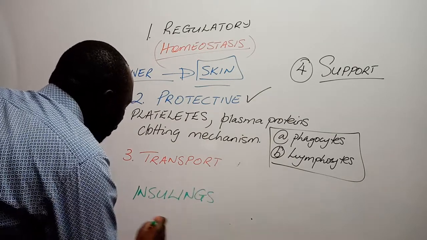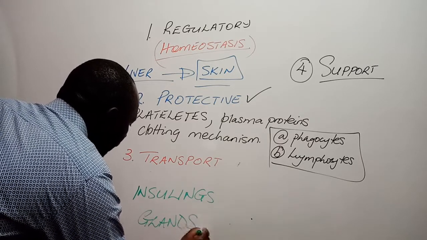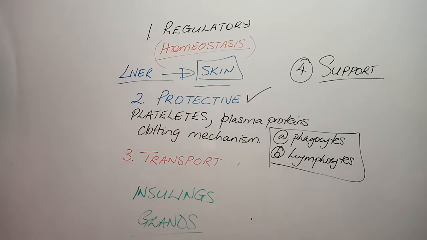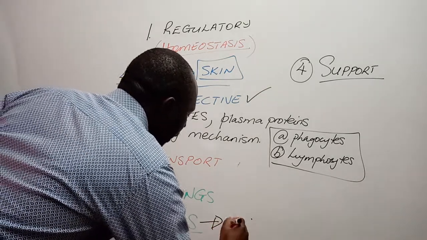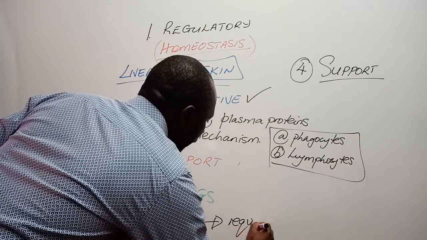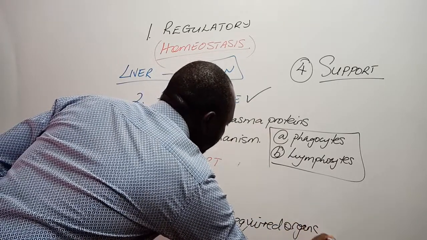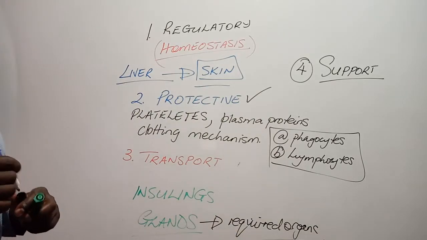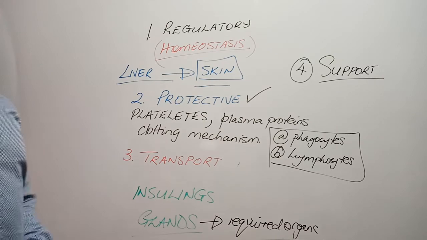Insulin is made by the glands. Glands will make insulin, and then it is transported to the required organs. So from the glands, it will go to the required organs. That is the other function of blood under transport.